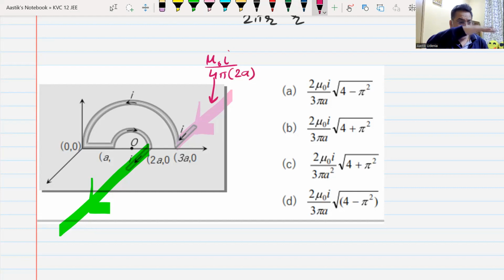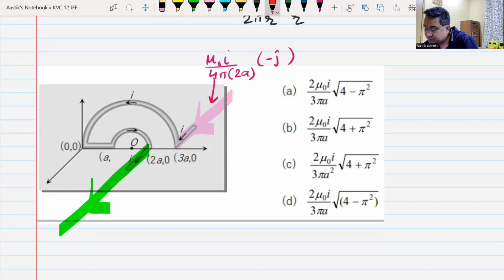And the field due to this wire will be going down. Going down means it will go along minus j. Do we understand this? Sir, how to a? That is what I am also thinking. I have to find out the distance from this.